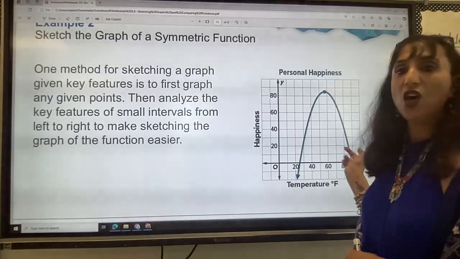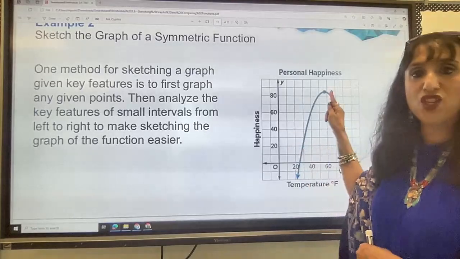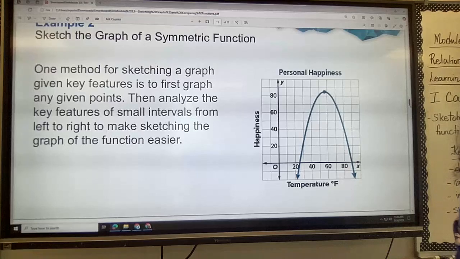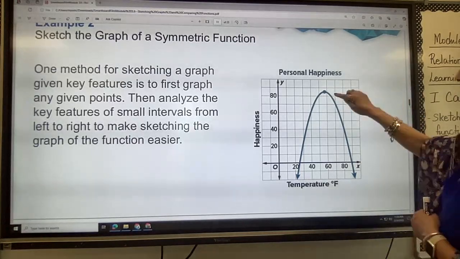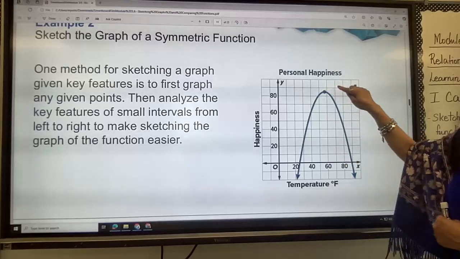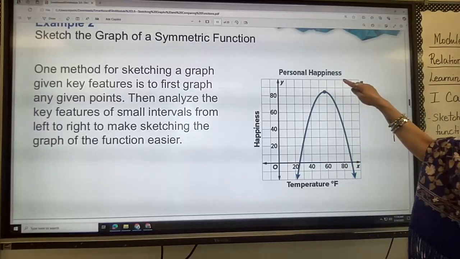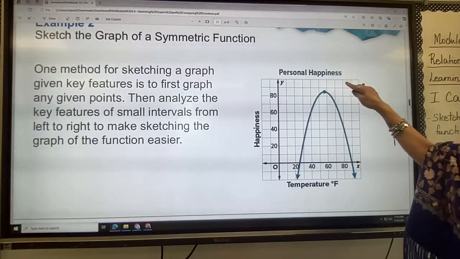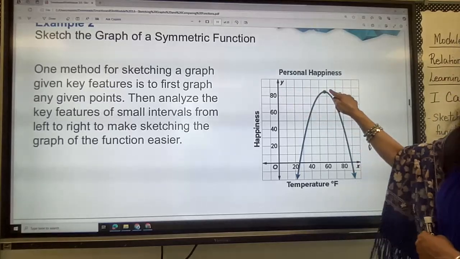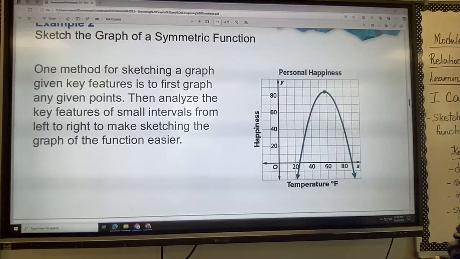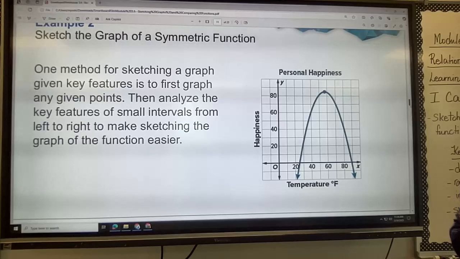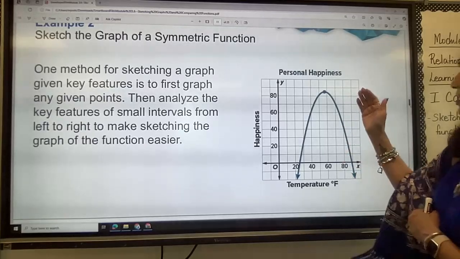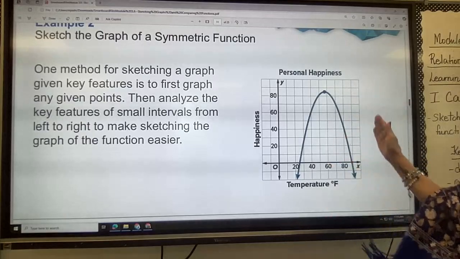So it has given us all these key features. And now we are just plotting this on the graph. And it's talking about a person's happiness. Then it says the person is happiest at 57 degrees. At about 57 degrees, a person's happiness is about 85. So look, it's given us that. That's the relative maximum. And then it's telling us the end behavior: as temperature increases or decreases, a person's happiness decreases.